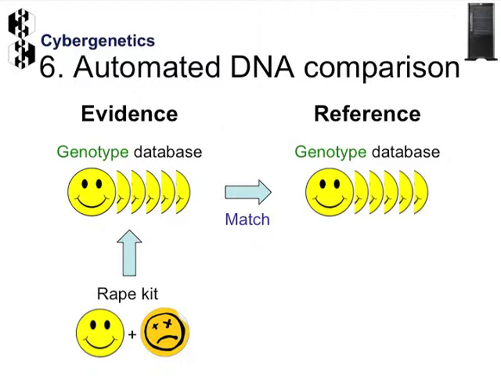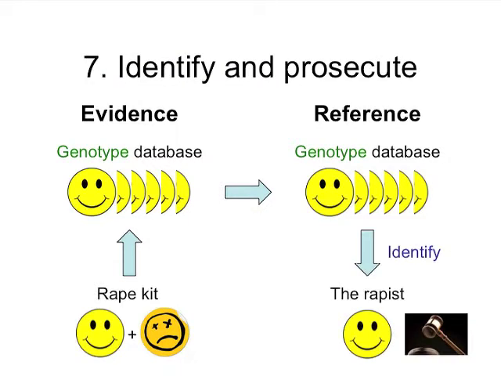Again, that's a specific match, and false positives are not expected to be found based on the extensive validation that's been done on the TrueAllele system. And based on that identification, a rapist can be found by walking from the rape kit evidence up to a genotype database of evidence, matching with a reference genotype database, identifying a rapist, and then ultimately bringing them to justice and prosecuting them.